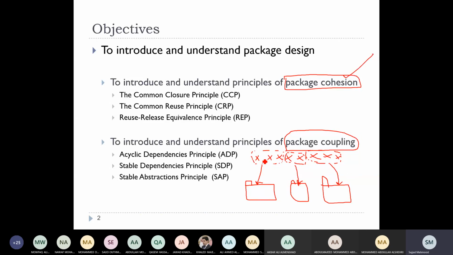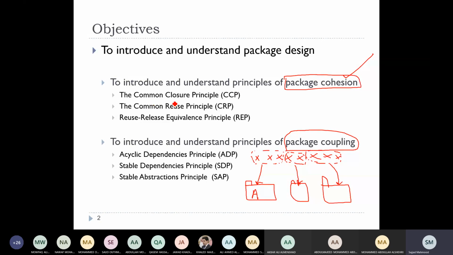The classes you are putting together in a package A, for example, should be somehow cohesive. They should have some kind of relationship between them. Cohesiveness means there should be a reason for them to be together. They should not be random. And we looked at three principles.